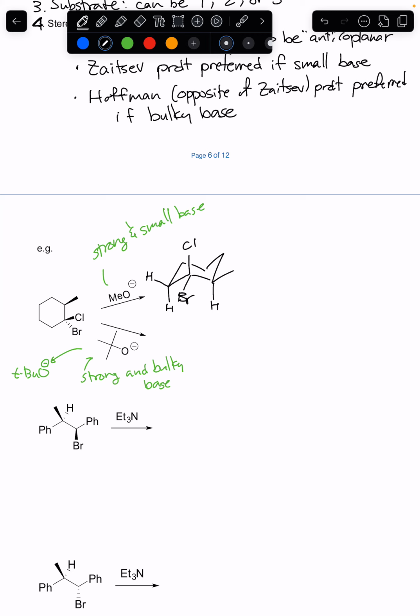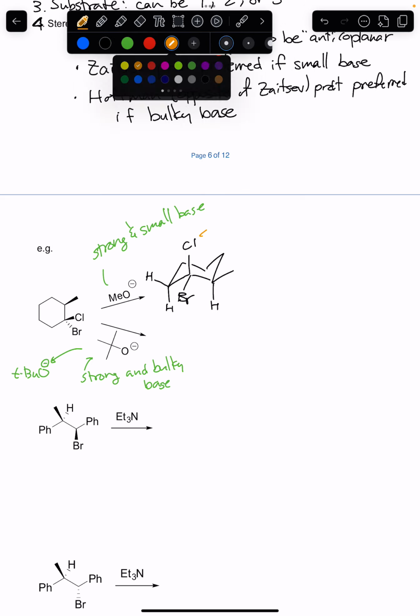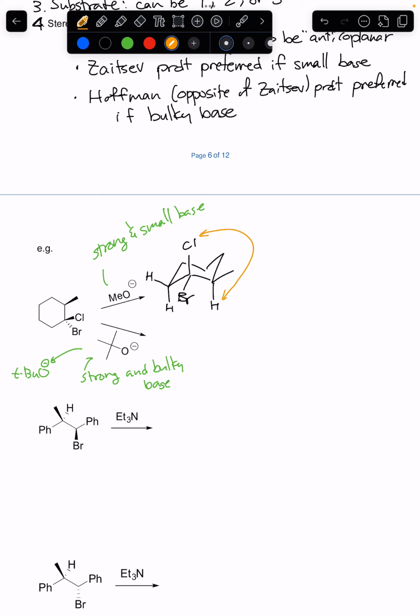Now, remember the anti-coplanar requirement. Oh, by the way, let me take a step back. I would encourage you to take a break from the video and make this with your model kit. Otherwise, you may not be able to understand what we're talking about here very well. But I want you to notice how these two atoms, the chlorine and the hydrogen, are anti-coplanar.